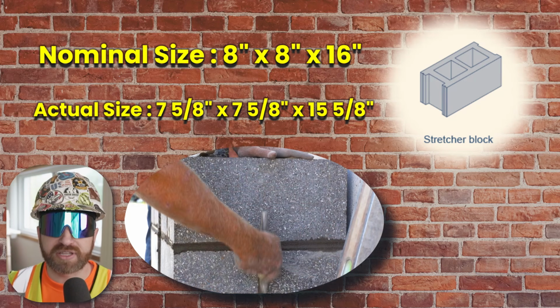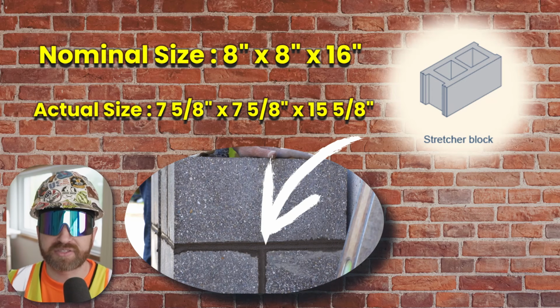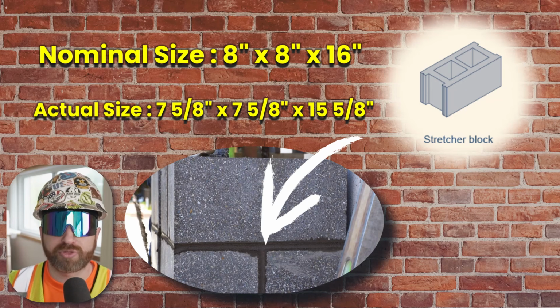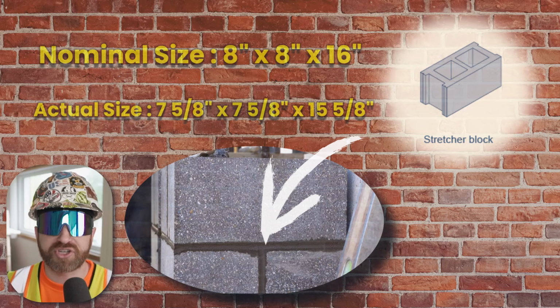The actual dimension is 3/8 inch shorter on all sides to allow for a standard 3/8 inch mortar joint. So after you place the mortar joint along with the block, you end up with a whole number, which makes it easier to dimension out in construction. So CMUs come in a variety of other sizes. These are just the most typical.